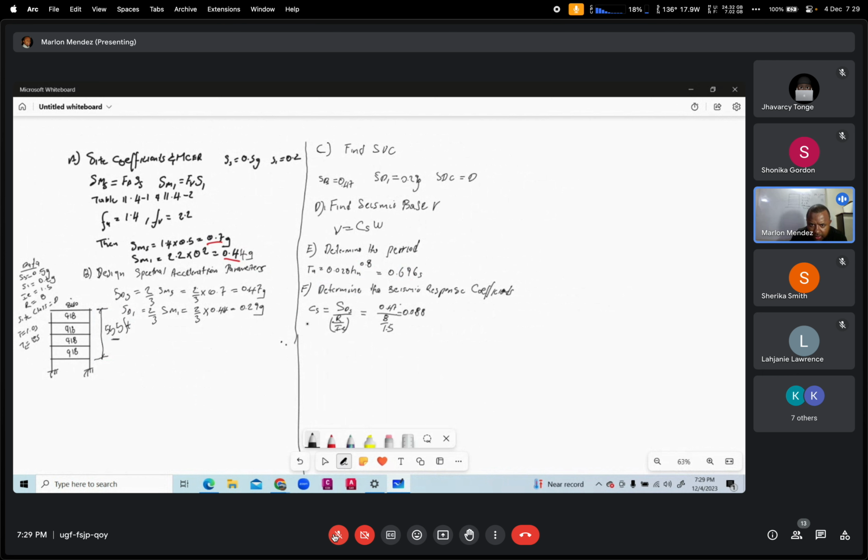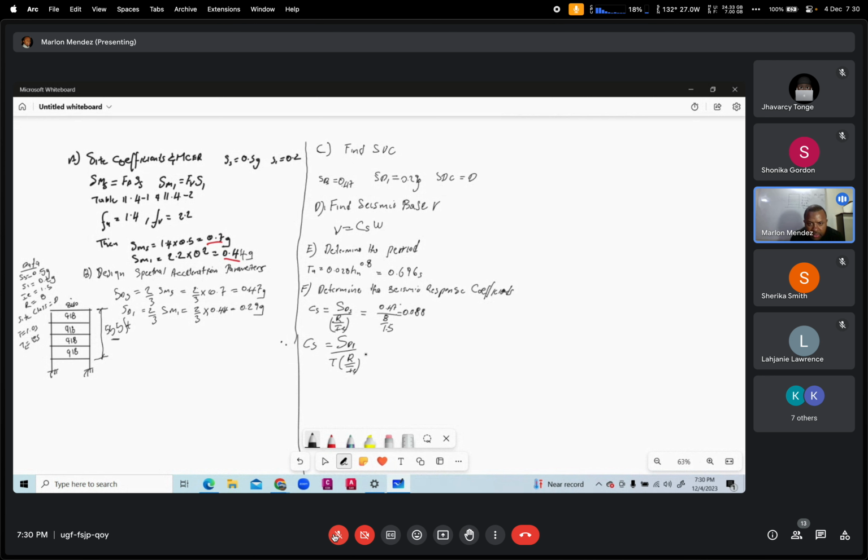After we have found this Cs, there's another Cs with regards to the period of the structure itself. This was on the short period; this is now based on the long period, and there's a T here, which is R over the importance factor I.